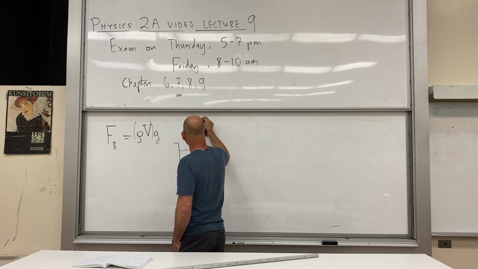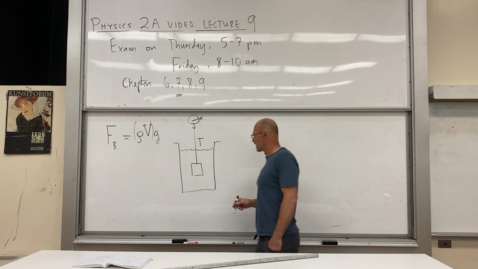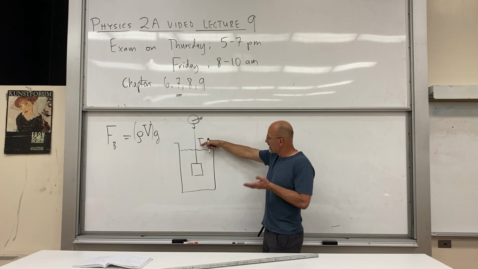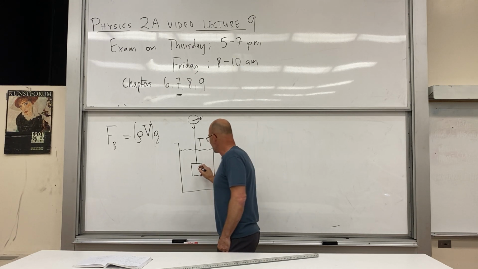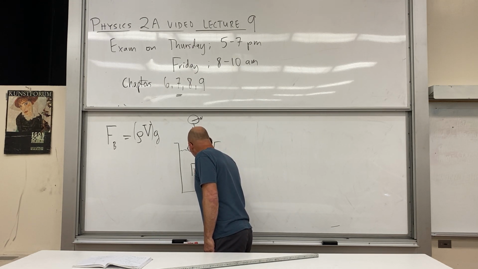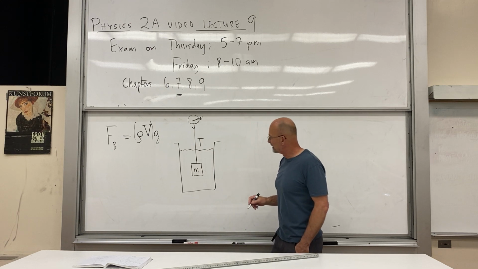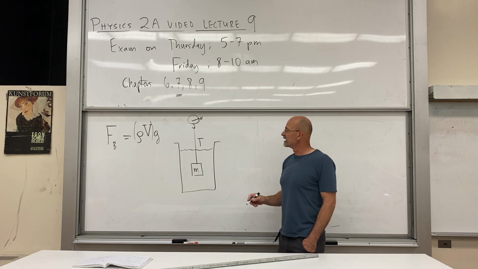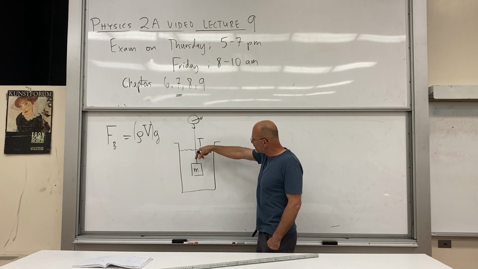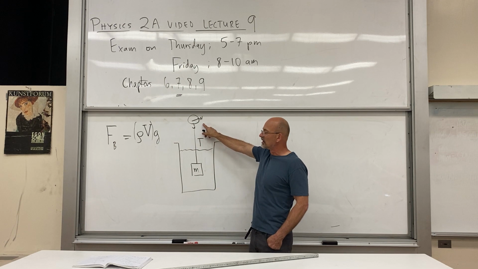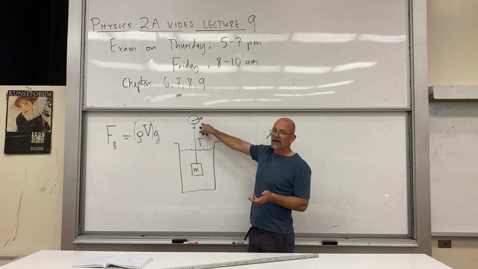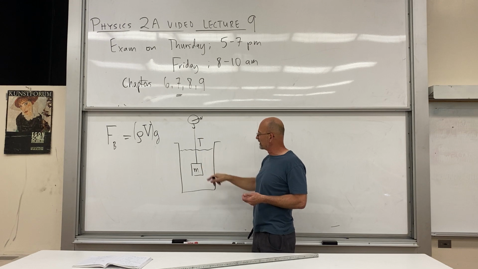It would have so many newtons. I'm just concentrating on the free body diagram of this thing. Let's say it has a mass that we know because we weighed it, and then it's a piece of metal, we dipped it in the water, and now we're weighing it again. Well, it's going to have a smaller reading up here than it did when it was just in air.